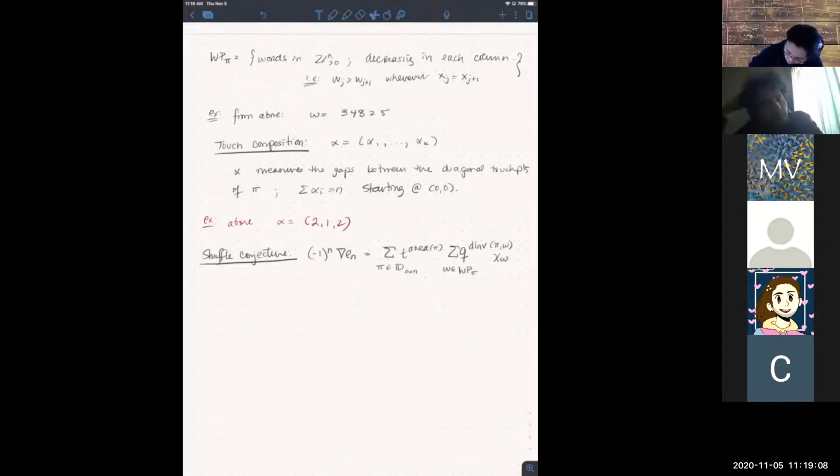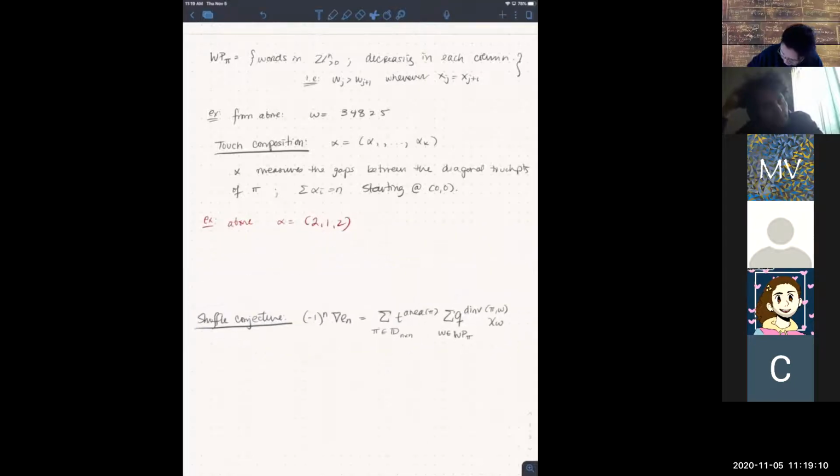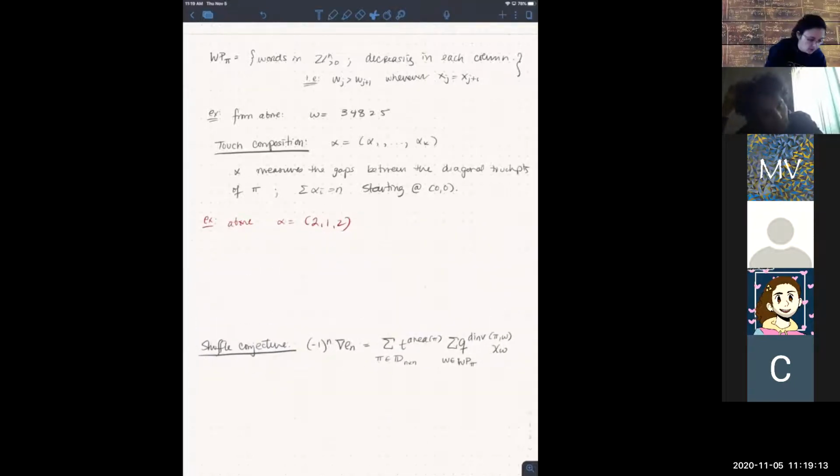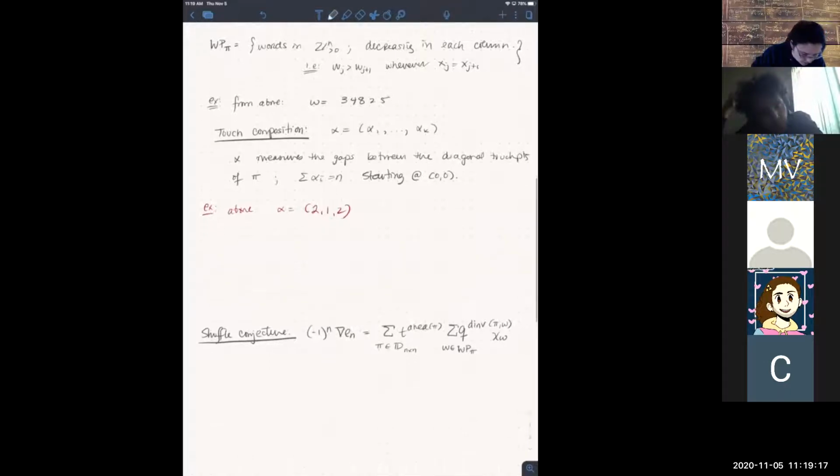So maybe let me, I realized I forgot to tell you what dinv of pi w was. Okay, so then one more statistic we need to remind ourselves of. So we have dinv of pi w, which is what?